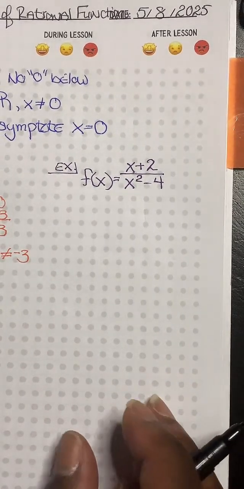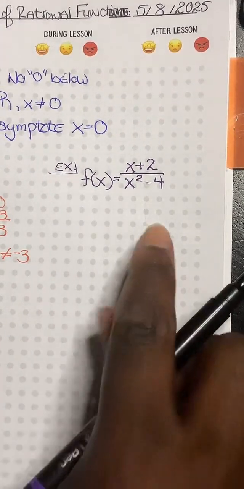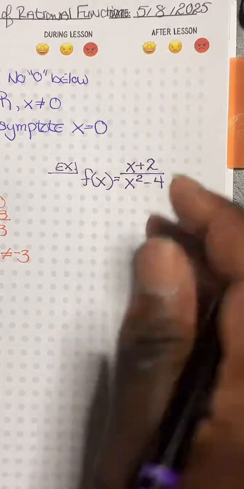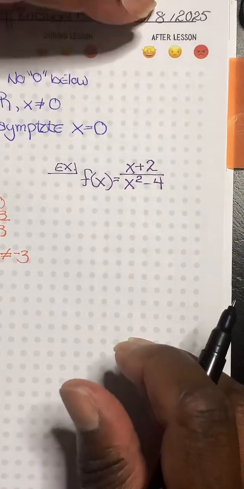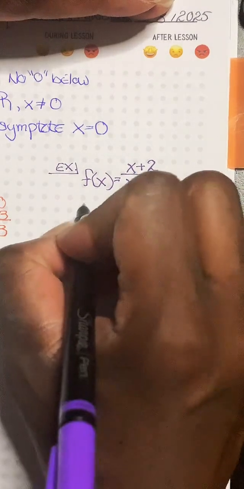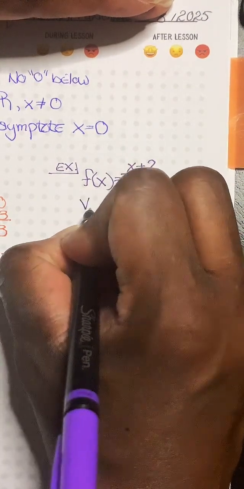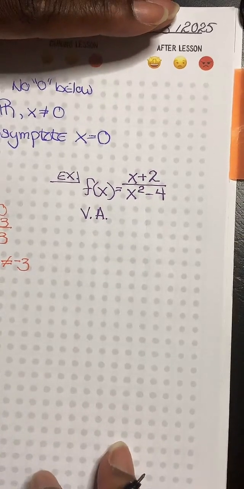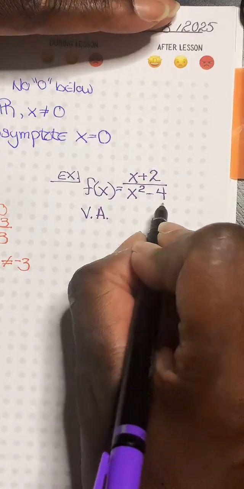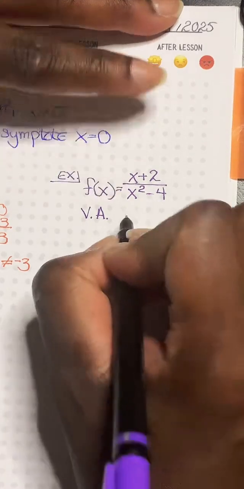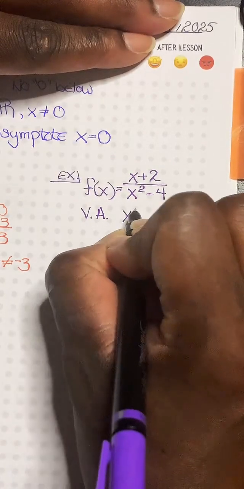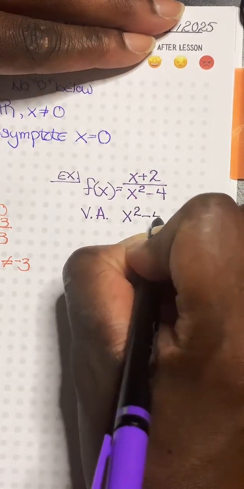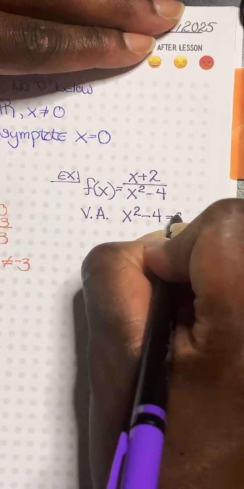Yep. All right. So, easiest part, I like to go through a rhythm. That's just me. So, the first thing I like to find is your vertical asymptote, your VA. So that means I'm going to take my denominator, which is my x squared minus 4 equals 0.